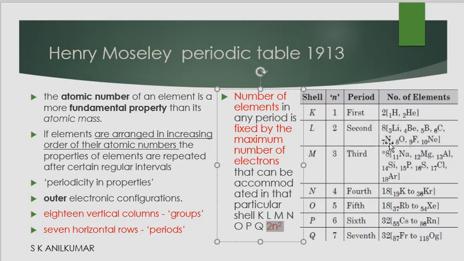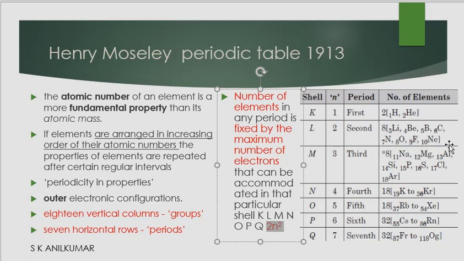So we have elements that have 3, 4, 5, 6, 7, 8 as the atomic number. We have 9 and 10 also. Why? In 9, 2 can be accommodated in K and 7 in L. Likewise, in 10, 2 is accommodated in K and 8 in L.